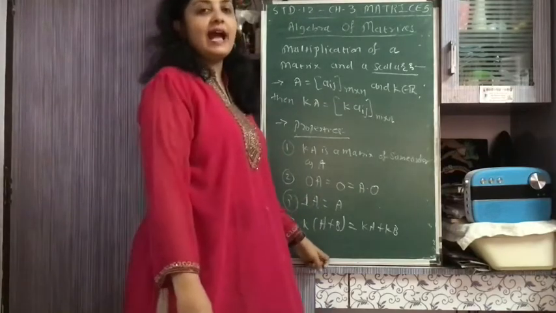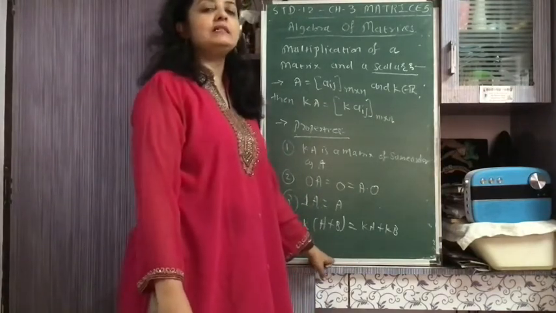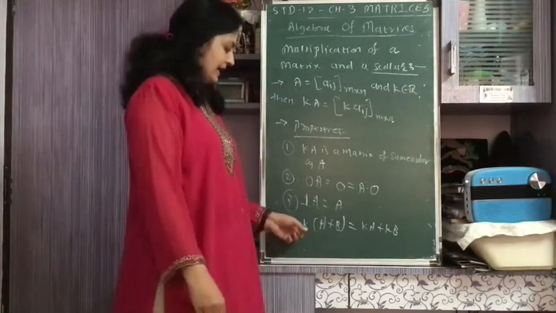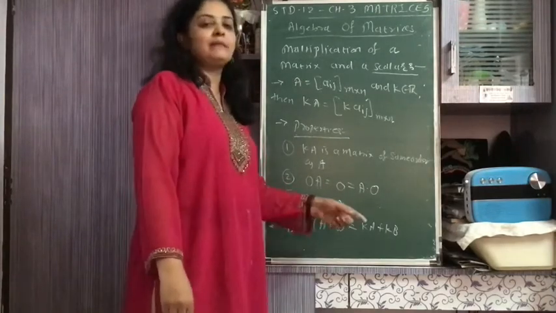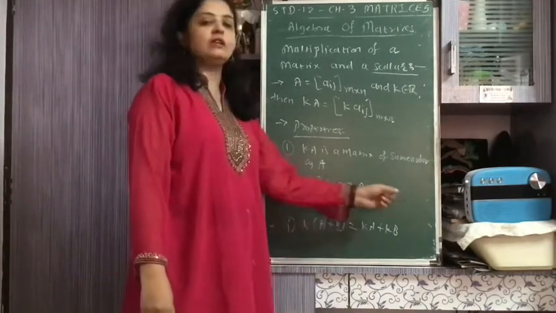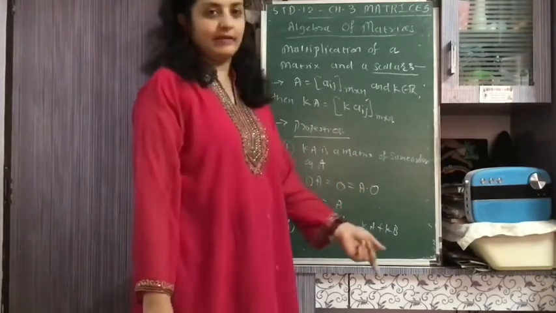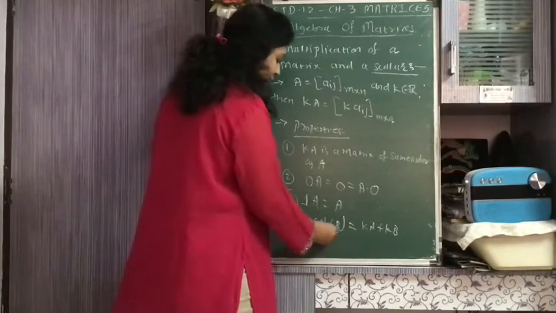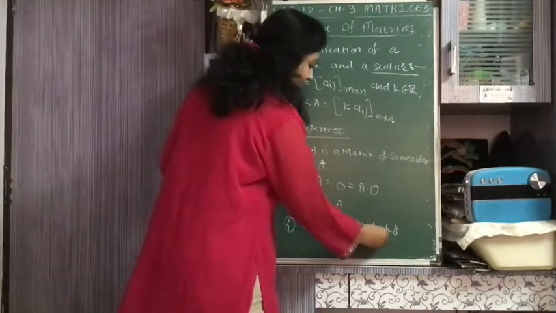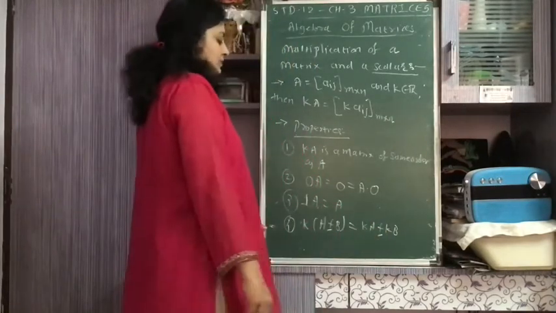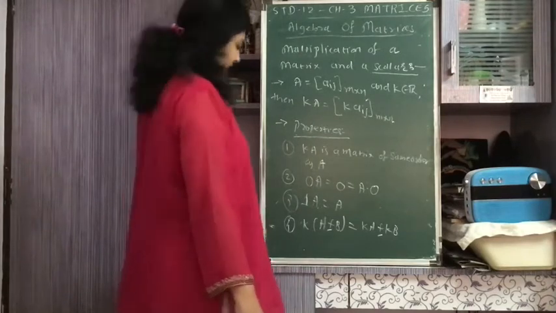First I add the two matrices and then multiply the resultant with k, or I first multiply k individually to A and B and then I add them, the answer will be equal matrices. The same we can do for k(A minus B) is equal to kA minus kB.